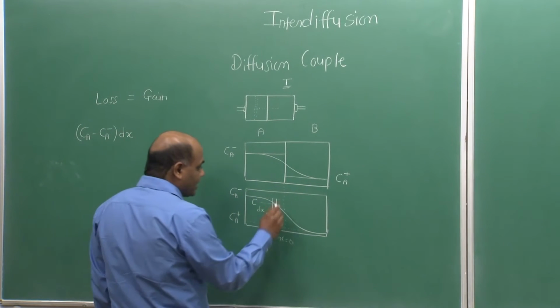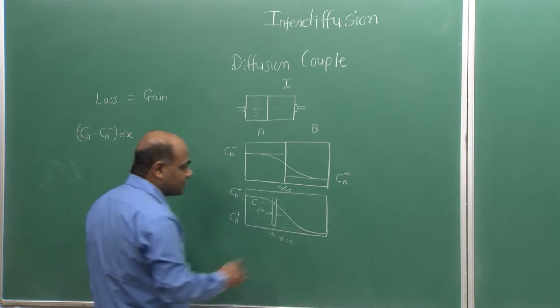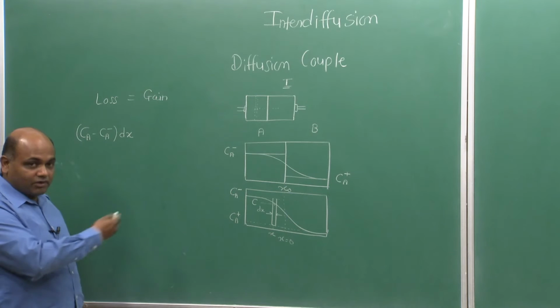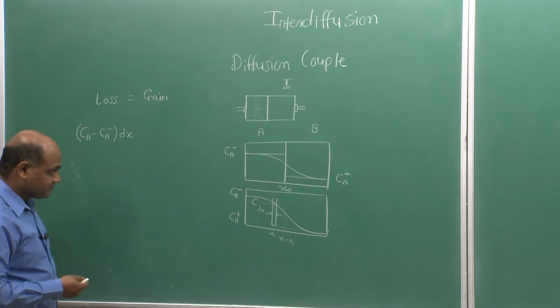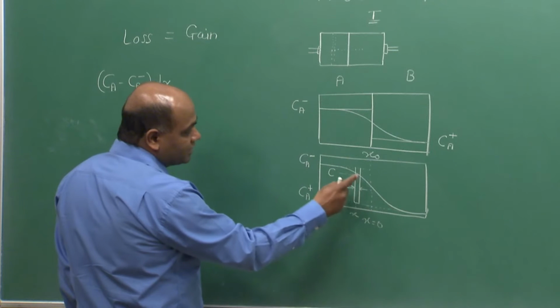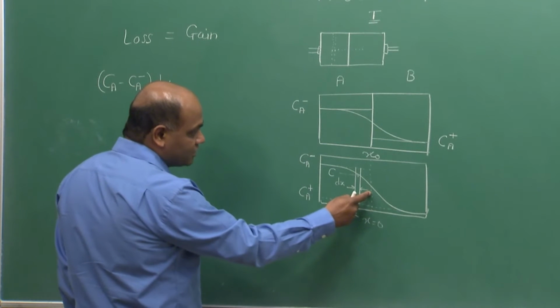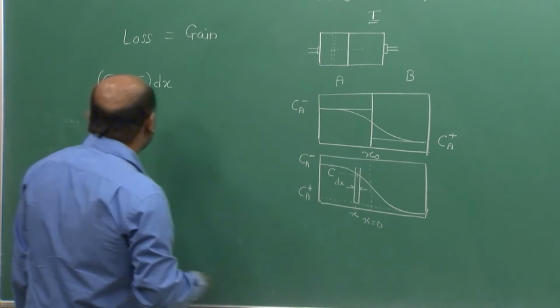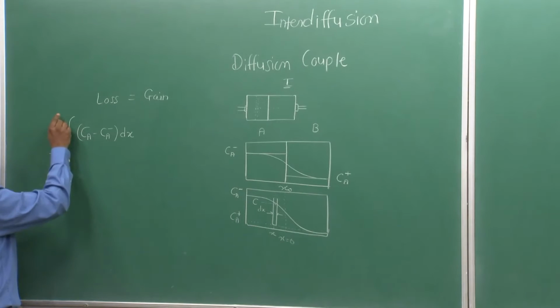Let us call this x naught in terms of the coordinates that we have used for obtaining the profiles. If we integrate this from the left terminal alloy to the plane x naught, we will get the total loss to x naught.